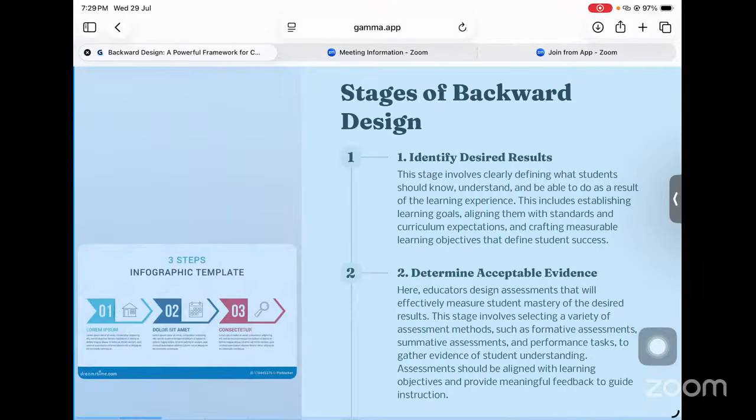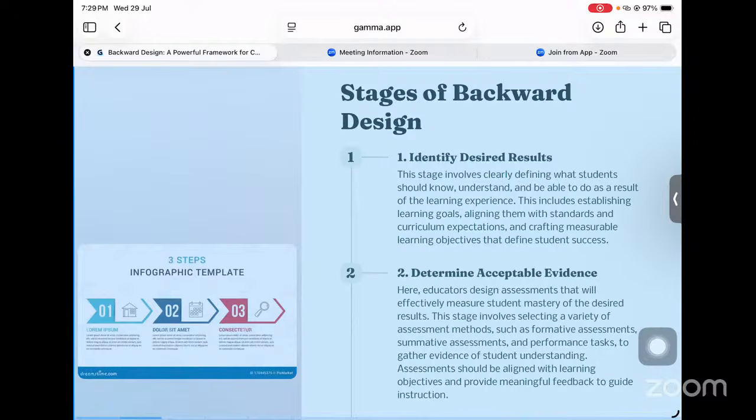First you should know the desired results. That means you should know your learning objectives and learning outcomes. Learning objectives are for the teachers; learning outcomes are what the students will show after the teacher has taught those objectives. So these have to be very clear.